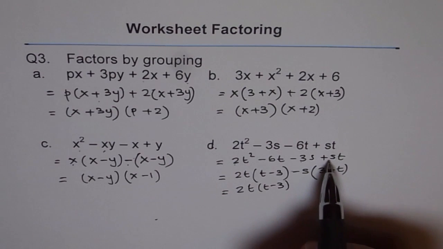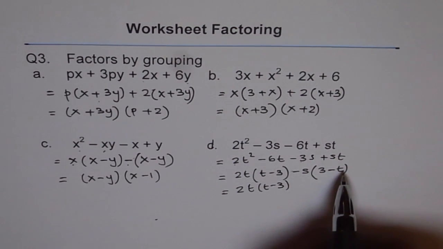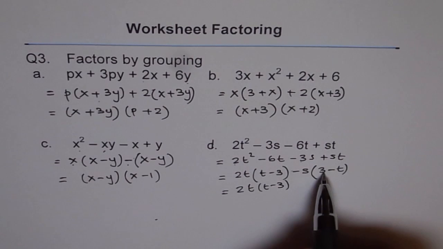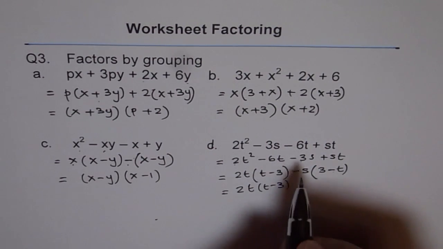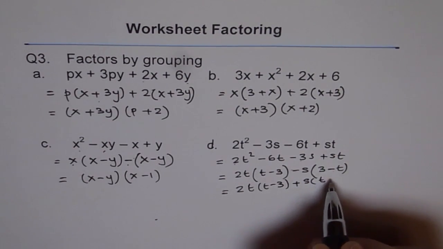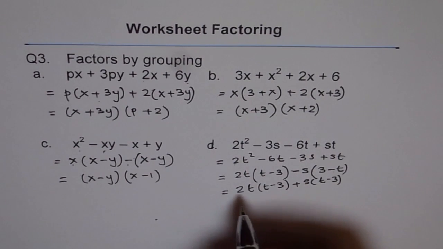We could have written this as plus st minus 3s, then it would have been like that. Or if you open this, you get minus 3s. So minus is associated with 3 and plus with t. So I could write this as plus s times t minus 3. Just like multiplying by minus 1, the sign will change and then this will become plus, right?